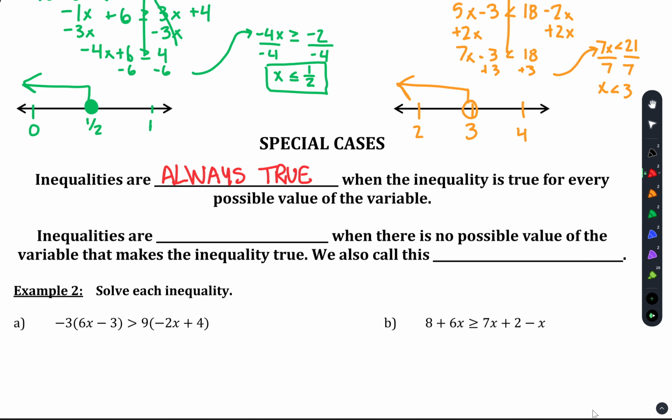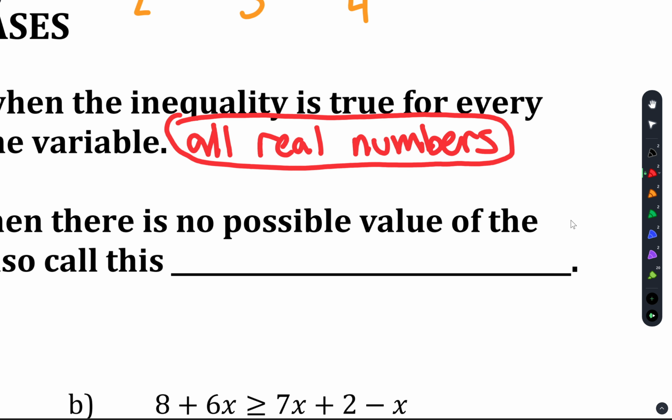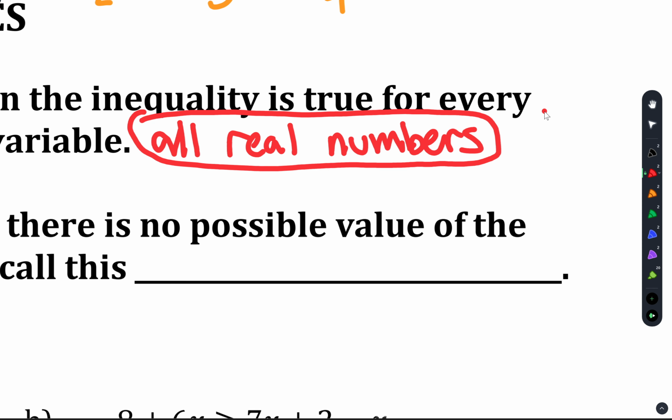We call this all real numbers. If I get a statement that's always true, your answer should be all real numbers. The abbreviation for all real numbers is a capital R with an extra line through it. Or you can just write all real numbers.